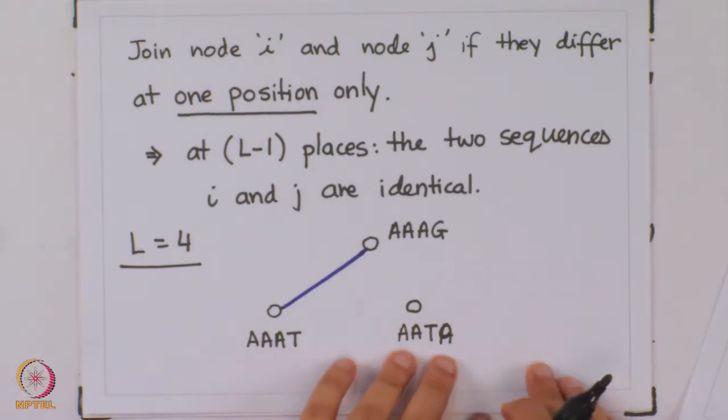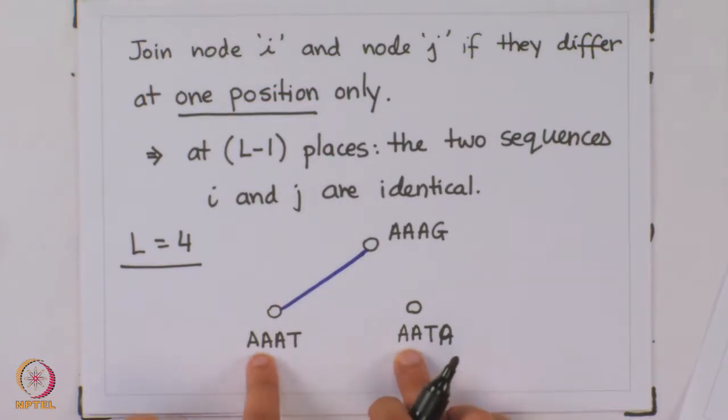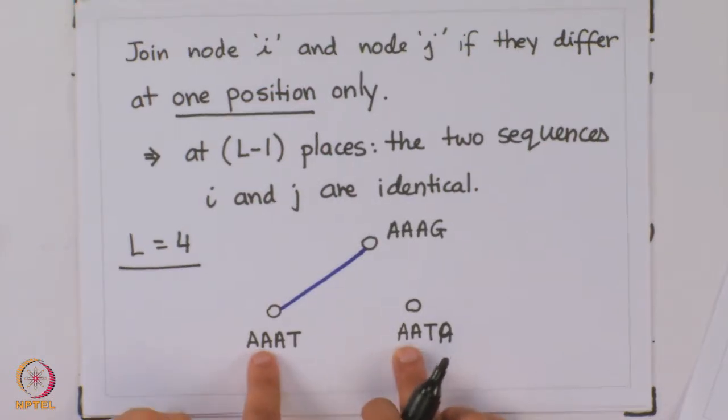This one also has 3 A's and 1 T, but these will not be connected because we are interested in the specific order of the nucleotides in a particular sequence. Of the two sequences that we are looking at right now, they are only identical at 2 nucleotide positions and the remaining 2 nucleotide positions are different. If we look at them carefully, these two are identical at the first 2 positions, AA and AA.